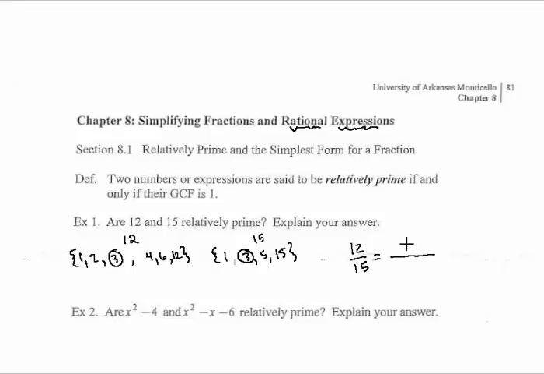In other words, I could take 12 and write it as a 3 times a 4. And then likewise 15, I could write as a 3 times a 5. And so when we factor the numerator and denominator, we see that they have a common factor on top and bottom, in this fraction as a whole. And so we're simply going to strike out that 3. 3 divided by 3 is 1. And so we're left with 4 over 5.